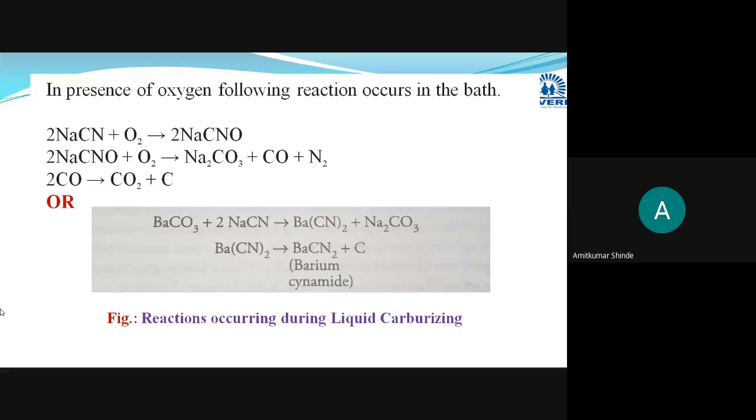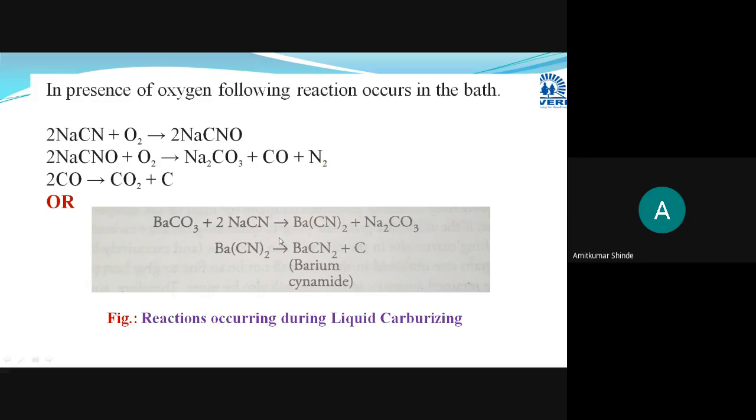Here these reactions will occur. Either this reaction will take place depending on the medium used, and if you have added an accelerator, that is the barium carbonate, this second reaction will take place.